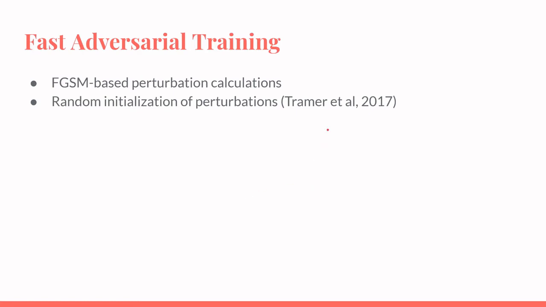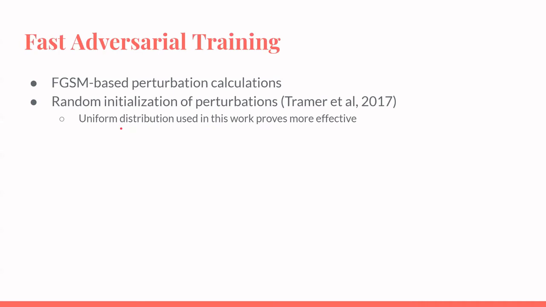Now, this was previously seen in Tramer et al. However, it wasn't applied in quite this way. And this paper also makes an improvement on Tramer et al.'s use case. That improvement is a uniform random distribution for the random initialization of perturbations.